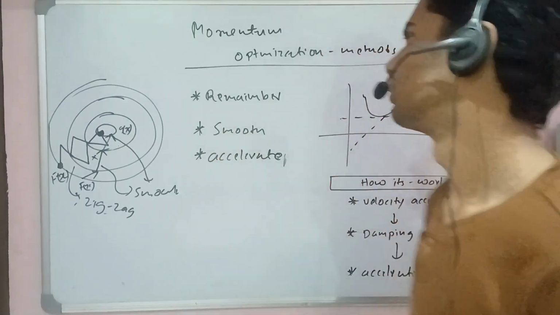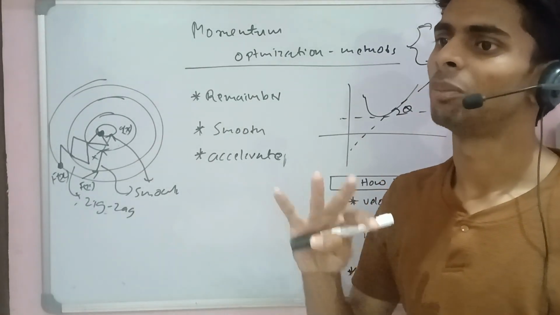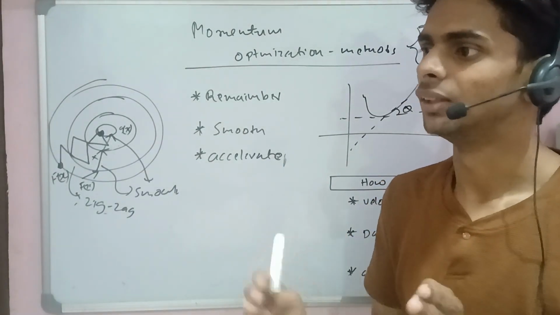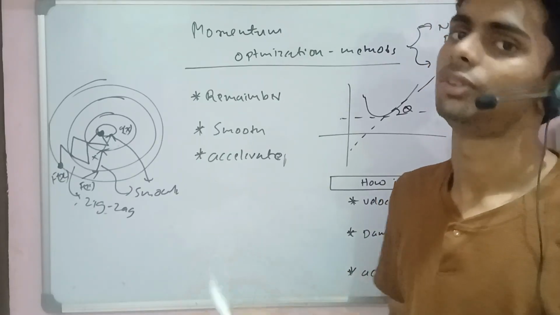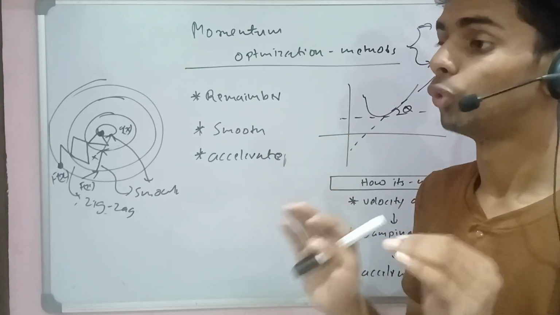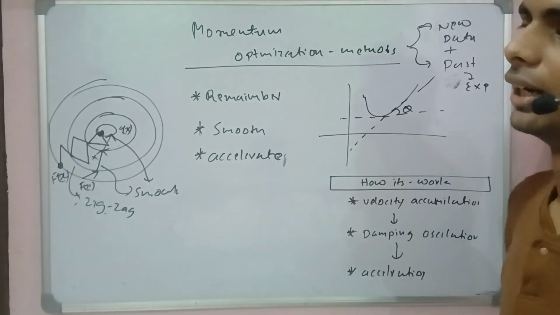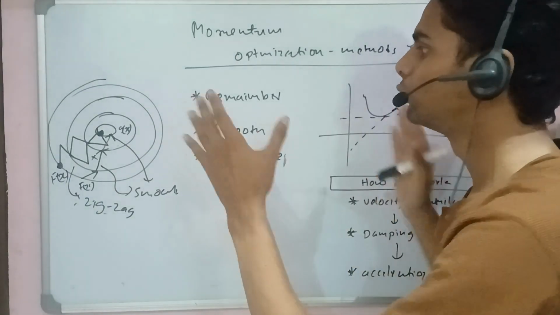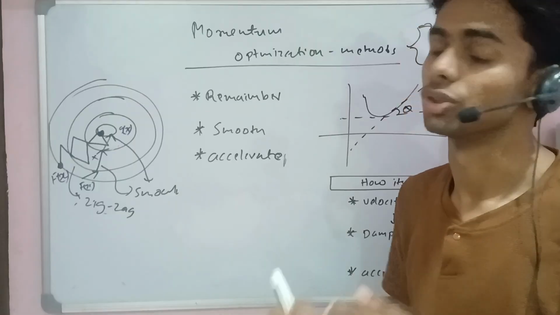Momentum is an optimization method used to optimize the algorithm and increase the learning efficiency. If you want to push the accuracy above 90-95, you need to use this method. It is a beautiful method, and you can apply it to optimize your algorithm as fast as possible.